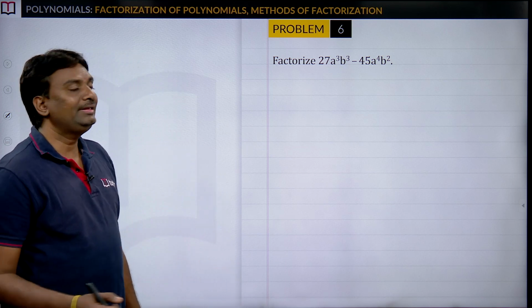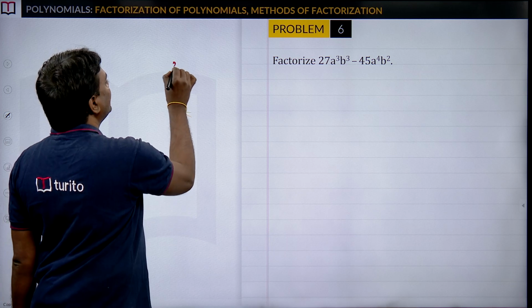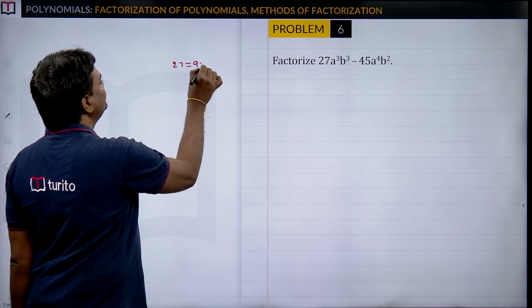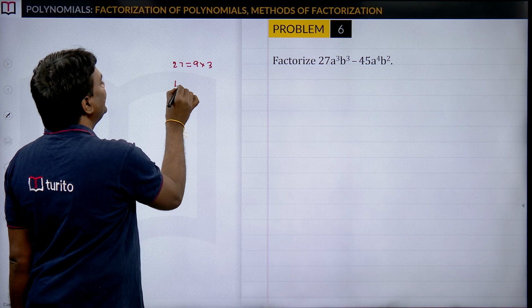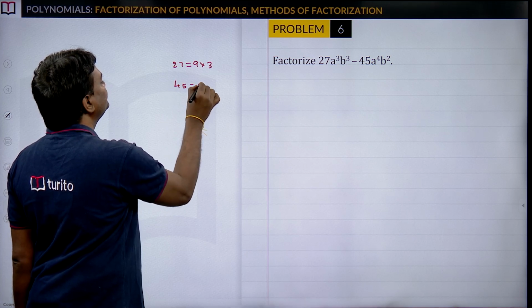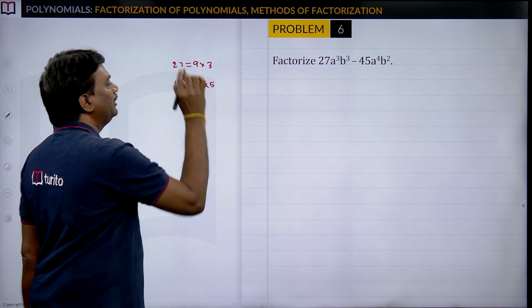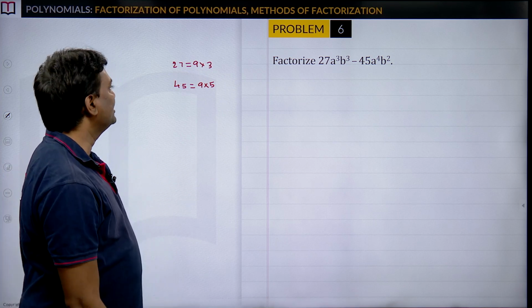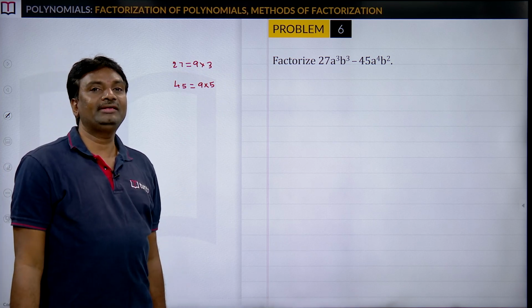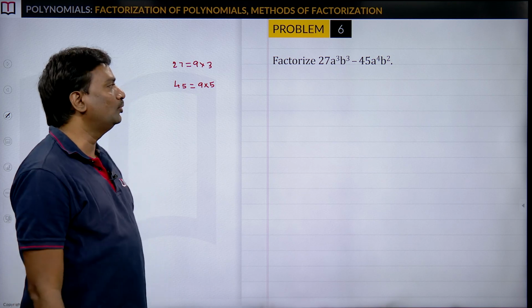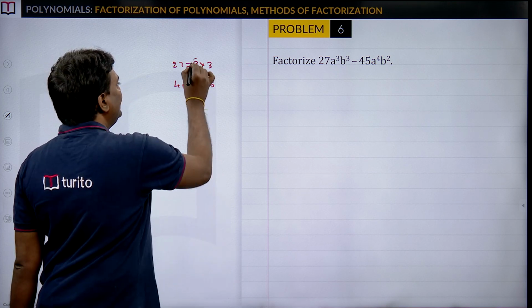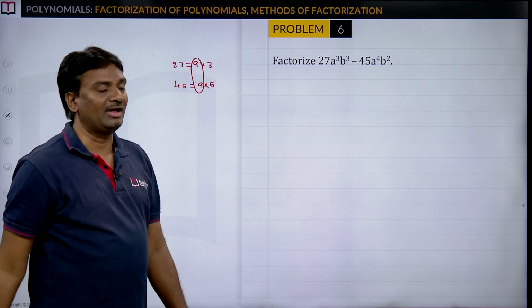Simple. 27 can be written as 9 into 3. 45 can be written as 9 into 5. So, clearly this 9 is the common factor.